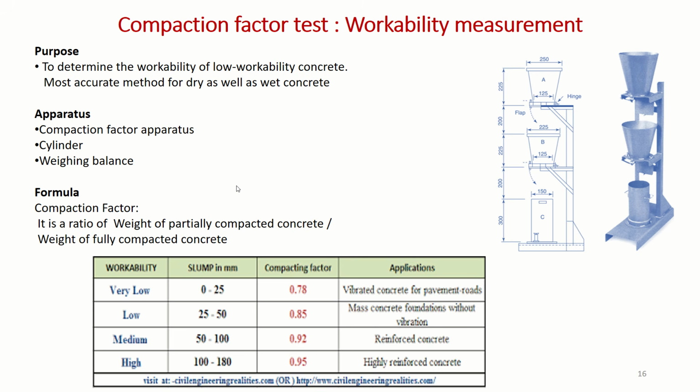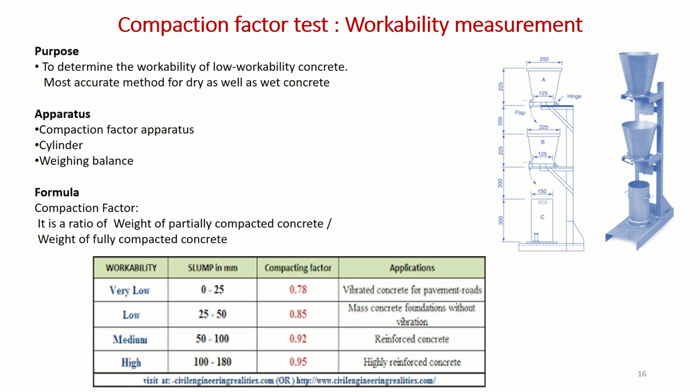The next test conducted to test the workability is the compaction factor test. This is considered a very accurate test because it handles very dry concrete as well as very wet concrete containing more water. In case of slump, what happens?